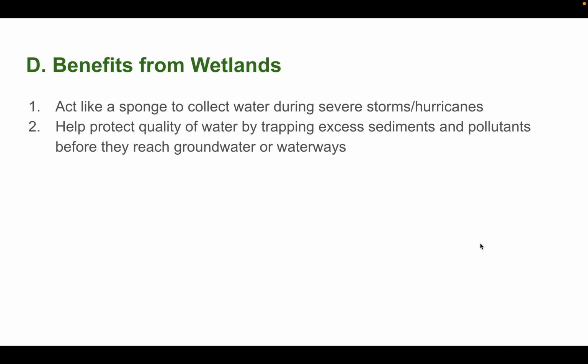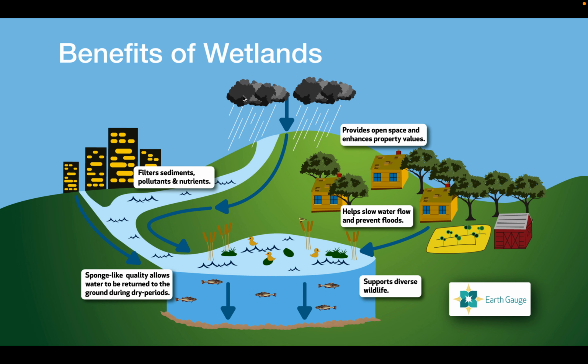because if we alter that flow, now we're going to change the ecosystem, and we could quite possibly destroy that habitat. So benefits from wetlands, it kind of acts like a sponge to collect water during excessive rainfall, or if you live near the coast, hurricanes. And then it also traps excessive sediments and pollutants before they reach the groundwater, and so they help filter water. So here are some more benefits of wetlands.